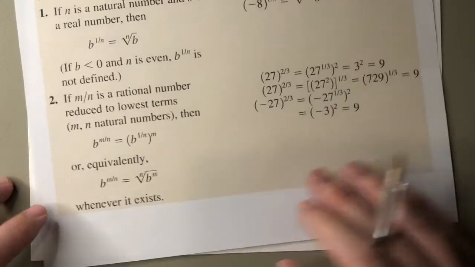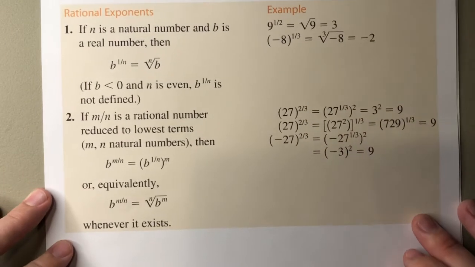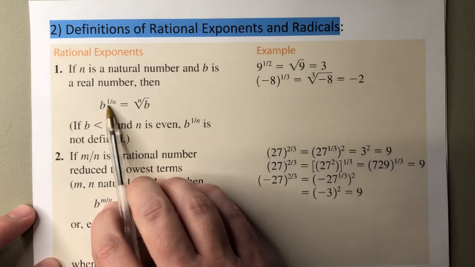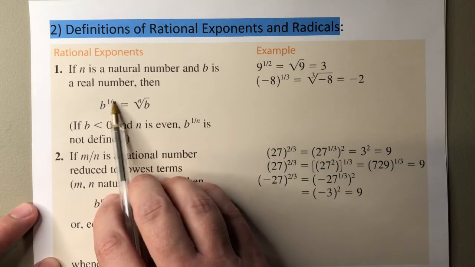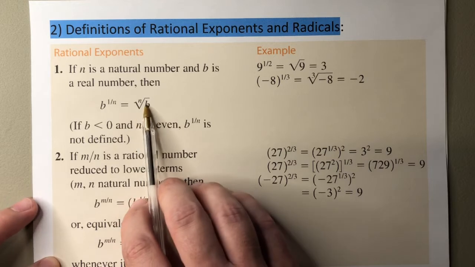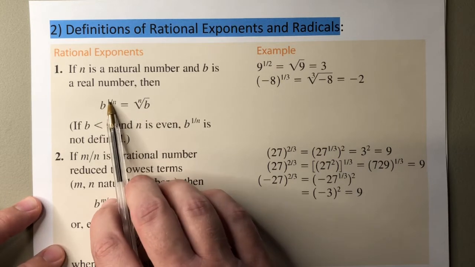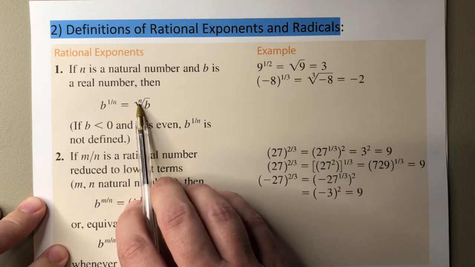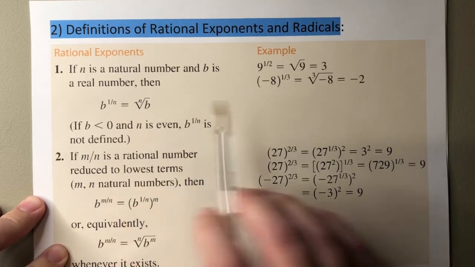So we should be able to go back and forth between an expression in what's called exponential form versus radical form. If you have any base b to the 1 over n, then that's the same as the nth root of the same base b.